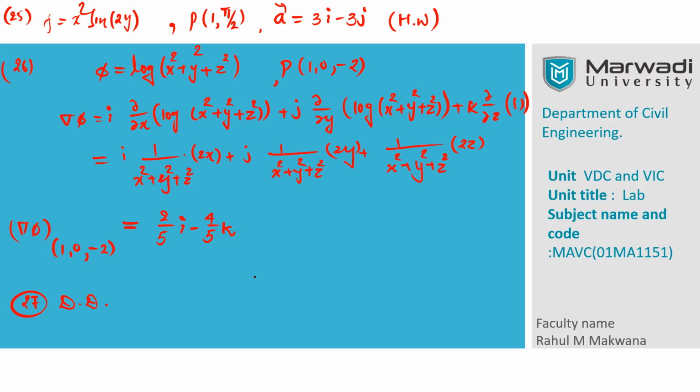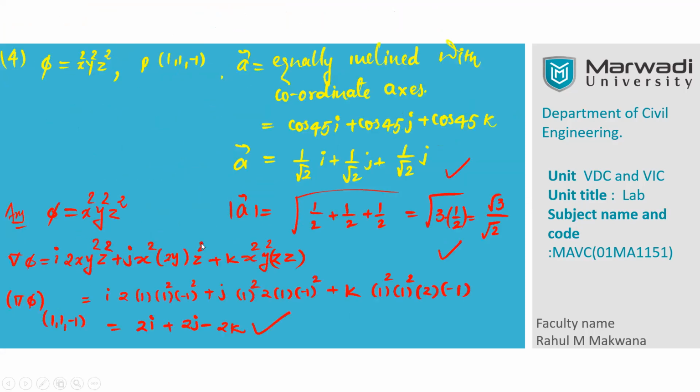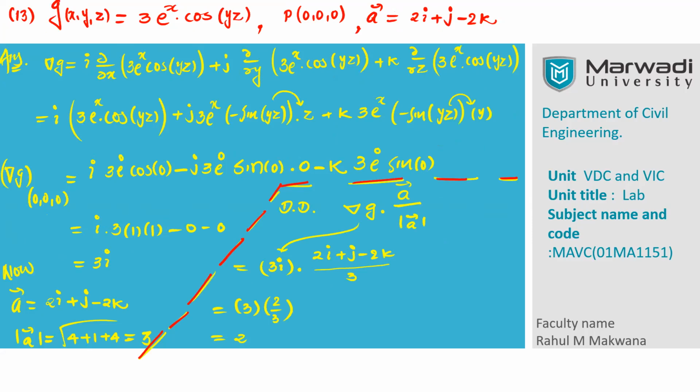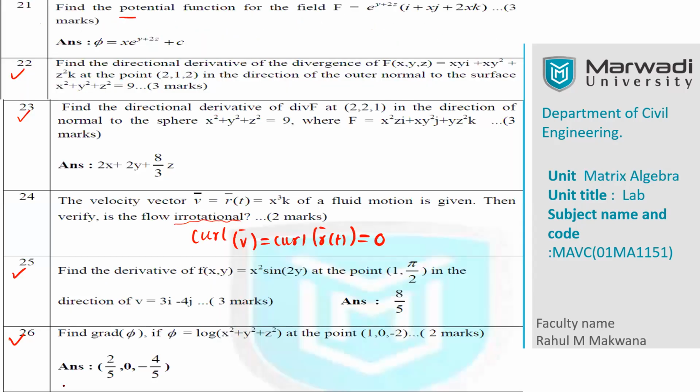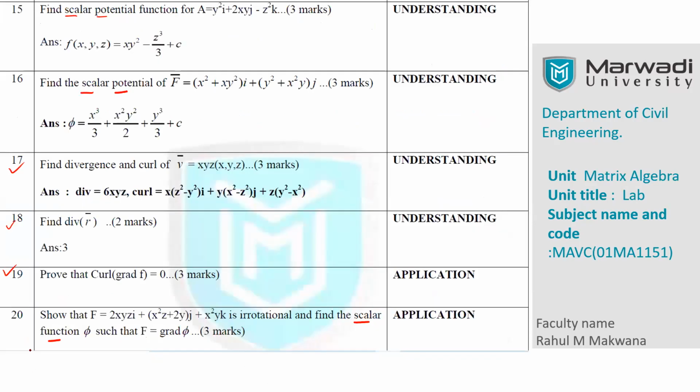Is it so, students? 27 number question is regarding directional derivative. So it is in homework.